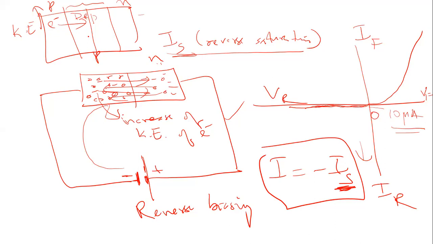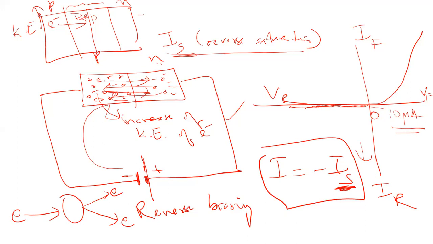So when an electron is moving and collides with an atom, breakdown of covalent bonding will result in release of an extra electron in addition to the already existing electron.